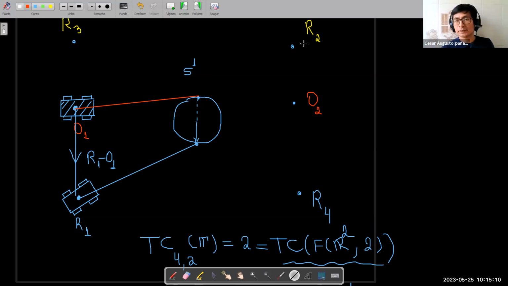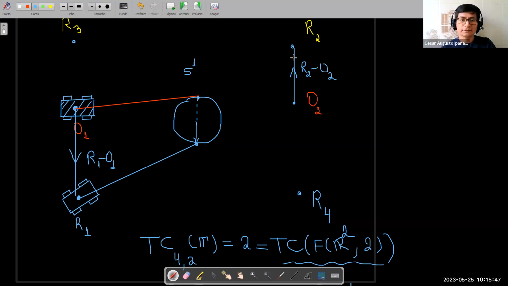And similarly, I will identify or move these two points over the sphere. Similarly, we need to take this difference, R2 minus O2, and we normalize.